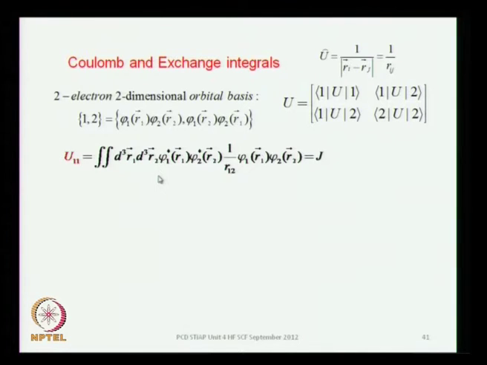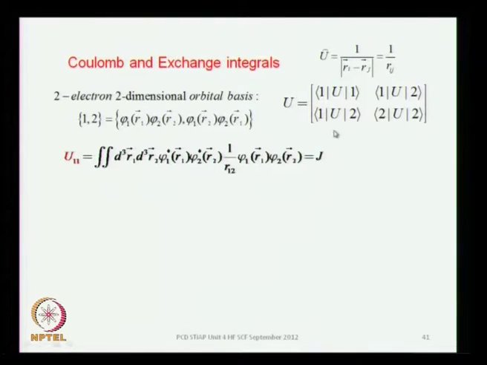Likewise, r2 is also a set of 3 coordinates. They could be x2, y2, z2, or r2, theta 2, phi 2 if you are using the spherical polar coordinates, no matter what, but you must integrate over all the variables over the entire space. So, this integral is u11, and this is often written as the Coulomb integral, written as J. Okay, this is the Coulomb integral.